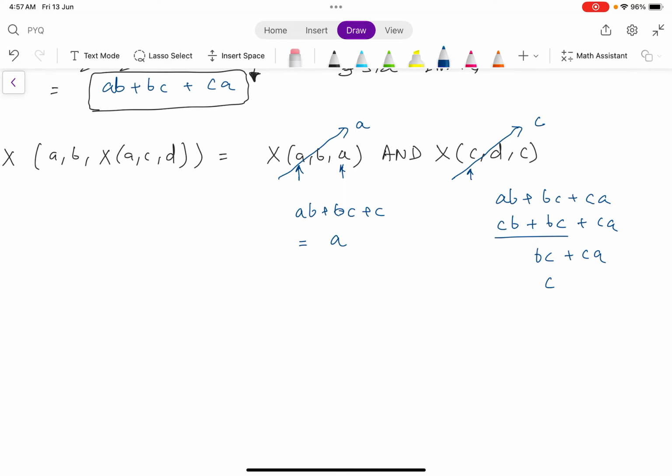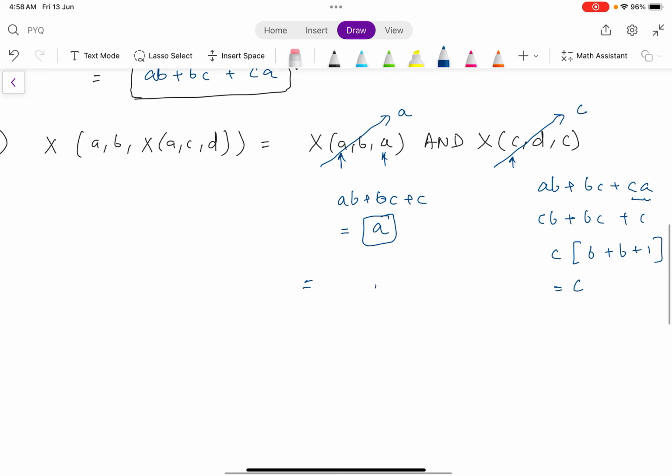I think I have made a mistake. A becomes C, BC, BC, and here A becomes C. So it will reduce to C. If you take common C, then it becomes B plus 1. It will become C. Similarly, here it becomes A. So on the right hand side, it is AC.